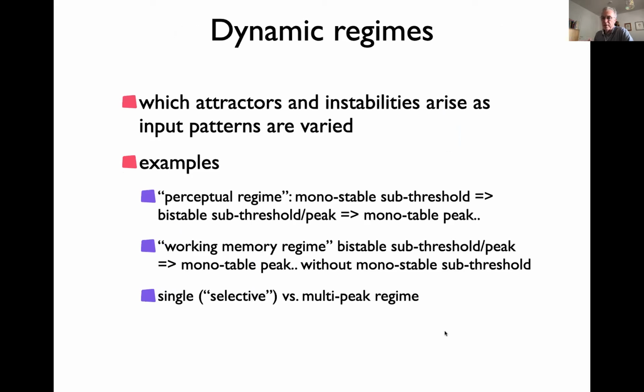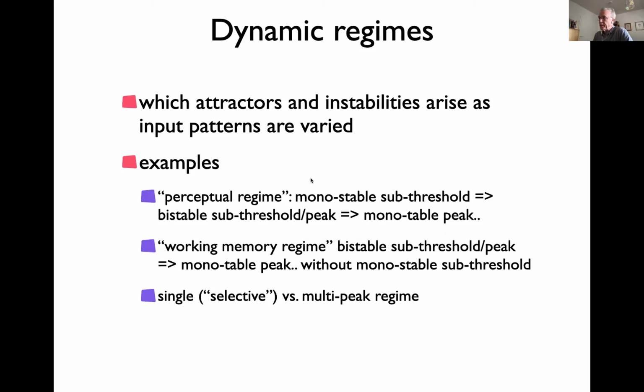So sometimes you want a field that is, let's say, in a perceptual regime. That means it can have a monostable subthreshold state without input, and then go to a monostable peak solution with input, and between those have this bistable regime.